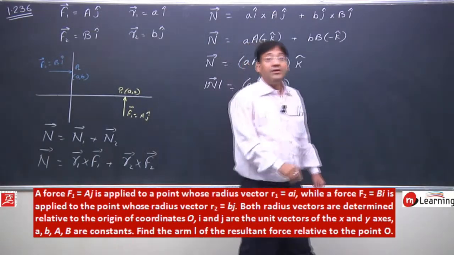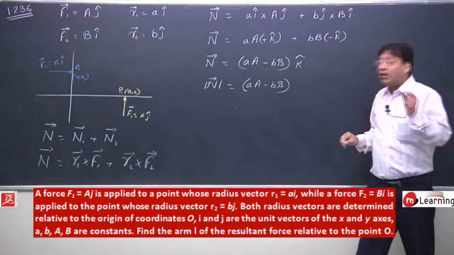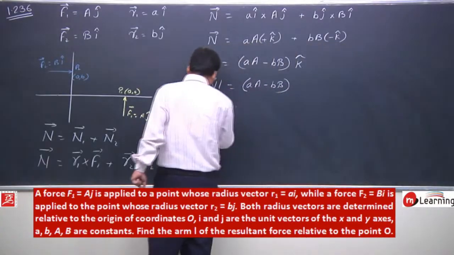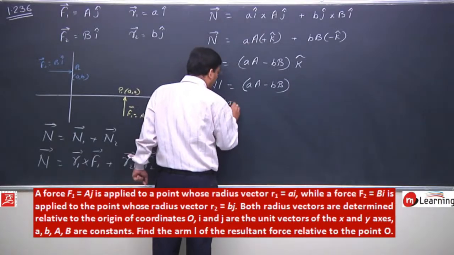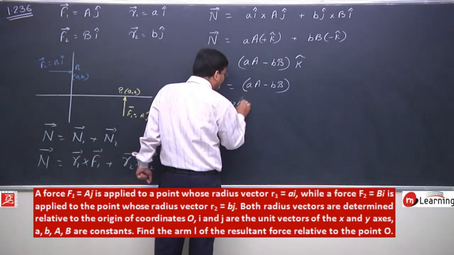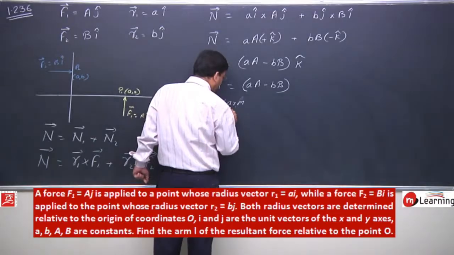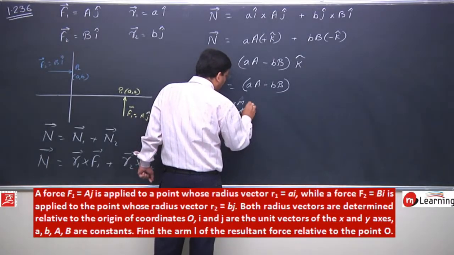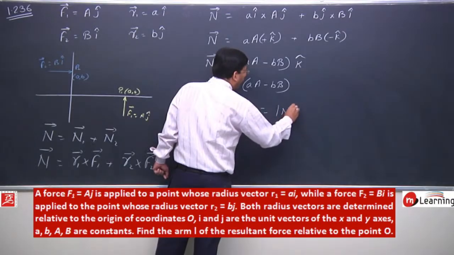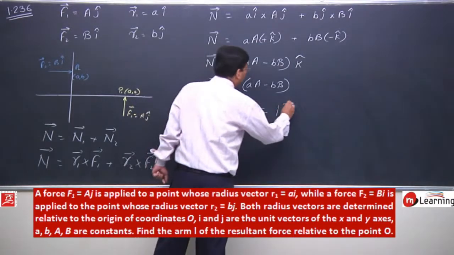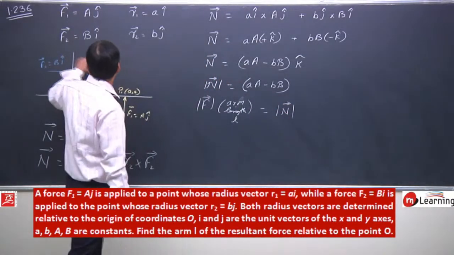There is a mod. Now the question asks for the arm length. How do you define arm length? Arm length is defined as mod of force into arm length L. Arm length L is equal to the mod of torque divided by the mod of force.